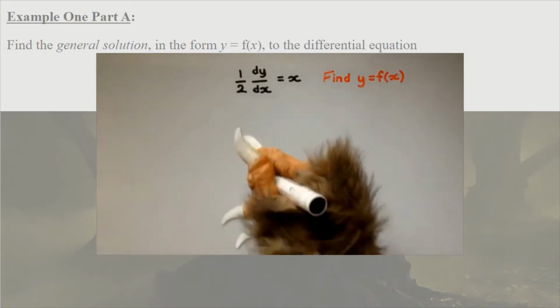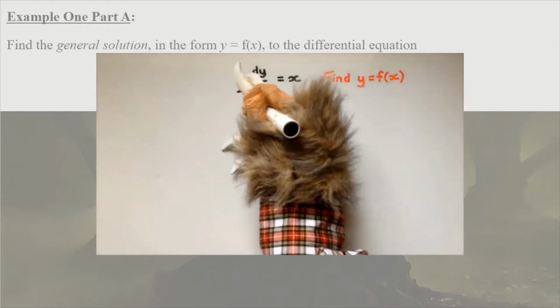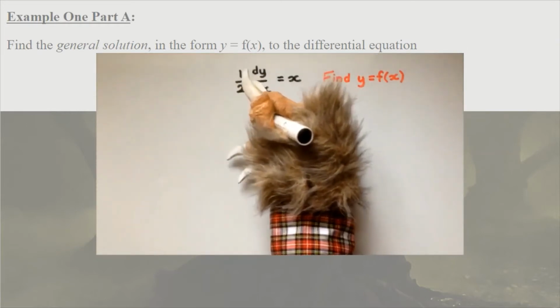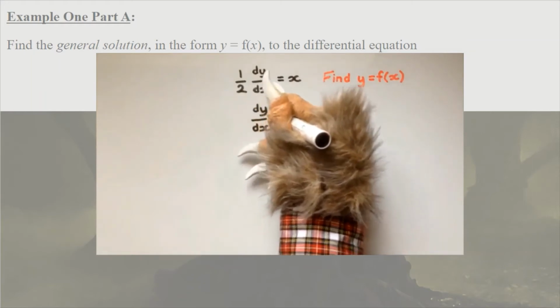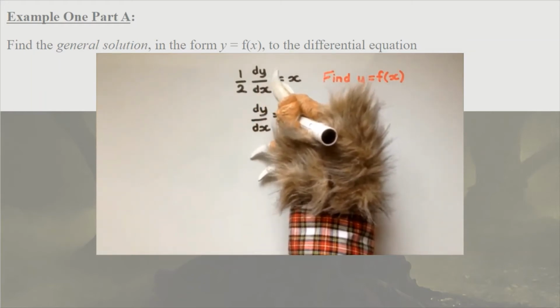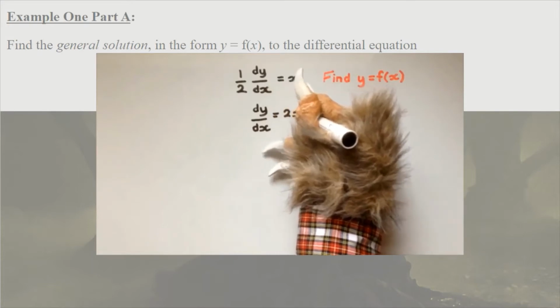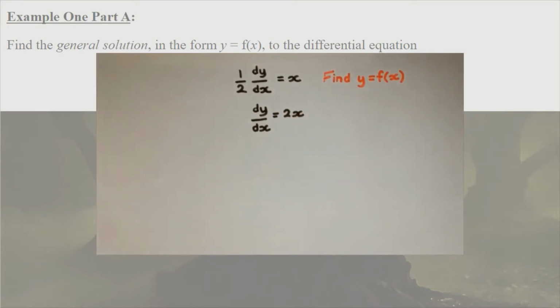If I do that, I'm going to have dy/dx on the left hand side of this equation, and if I double the right hand side, I get 2x. Now that looks a lot more familiar. That might have been the answer to a question that you've done previously. The question is now, how do we get the original function?